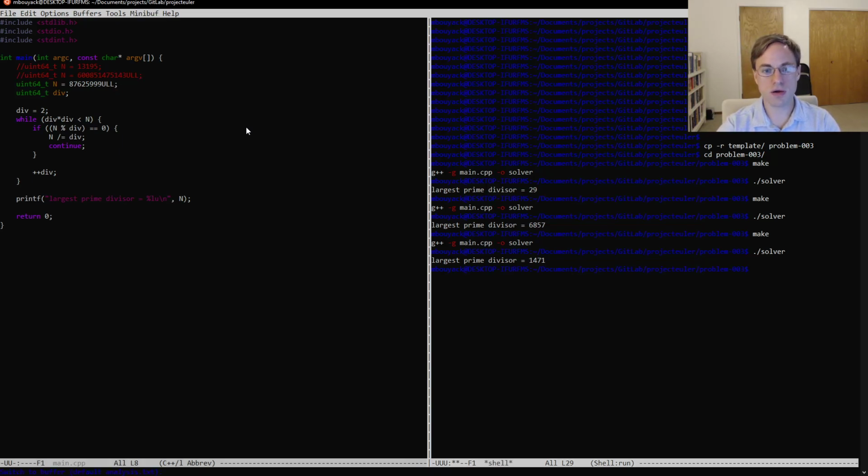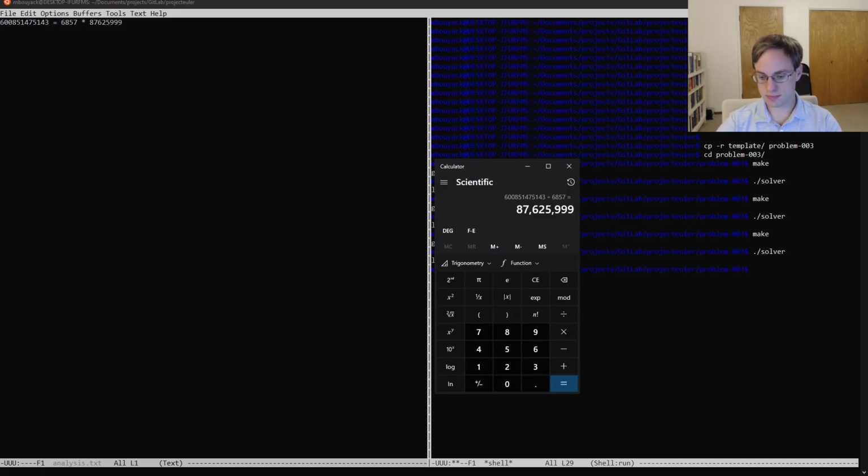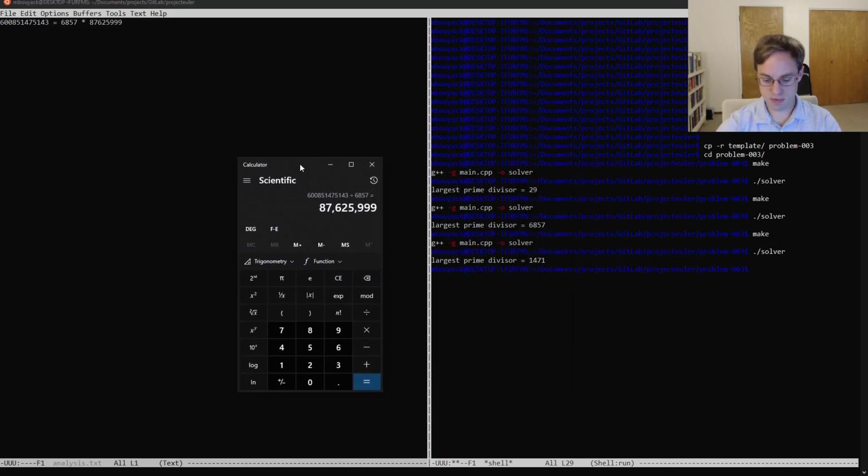So we'll go over here. We'll say this divided by 1,471. So this is just providing some basic checks that our number actually is divisible by these factors. And then when we're done with this process, we'll be able to multiply them together and see that indeed this is a factorization of our original number. We still won't know for certain that these numbers are prime, but it'll give us some basic confidence that we didn't make some simple mistake.